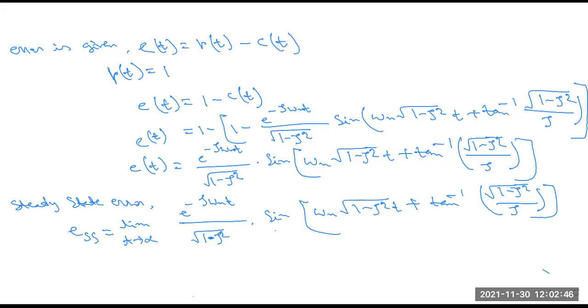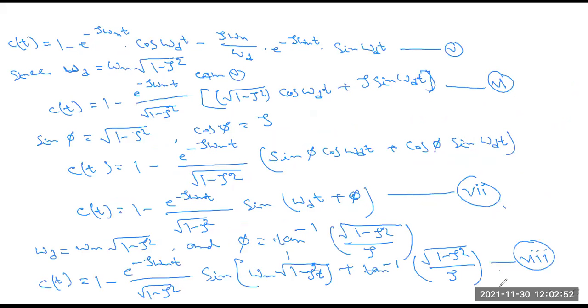So these are the complete equations of the second order control systems we have to apply. Just recall them: after the first part, we apply the Laplace transform, and the equation comes for c(t). Then we know that omega d equals omega n, the natural frequency of oscillation, into root over of 1 minus zeta square.